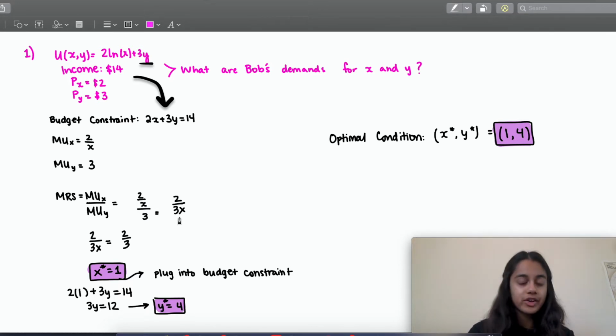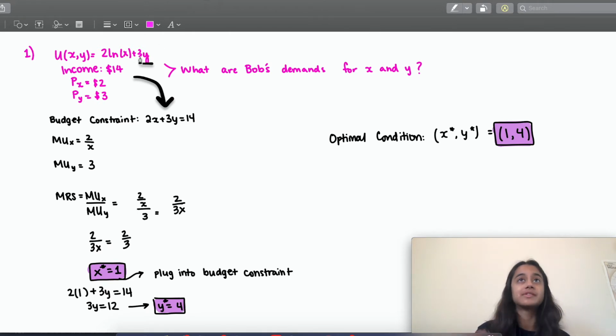One thing that is very important to notice is that one of these variables, when you're taking the MRS, will disappear, okay? Why? Because this is a linear function, right? The derivative of any linear function is just going to be that constant. So just remember that, here our variable that disappeared is y, okay?